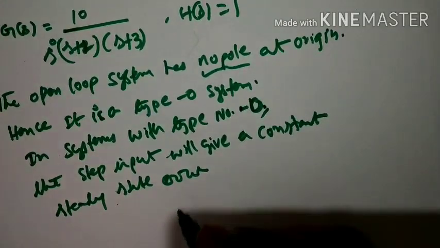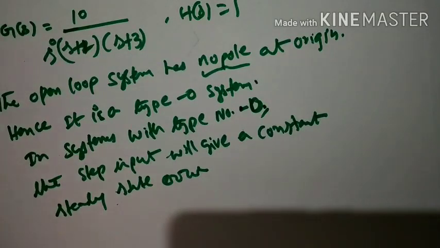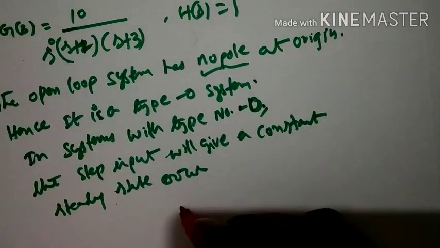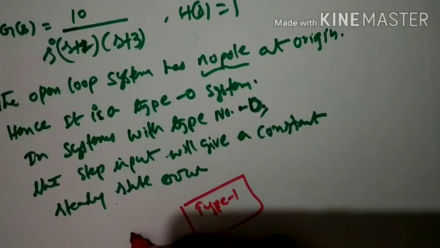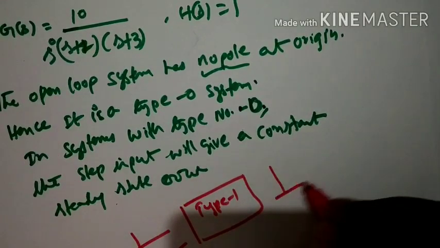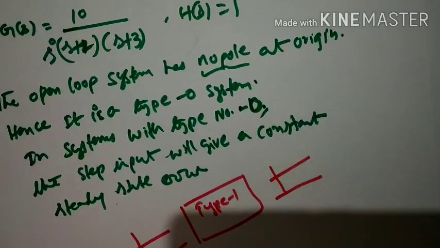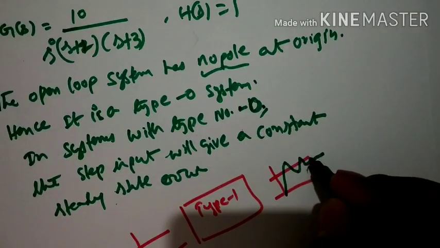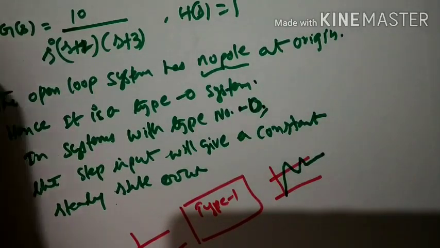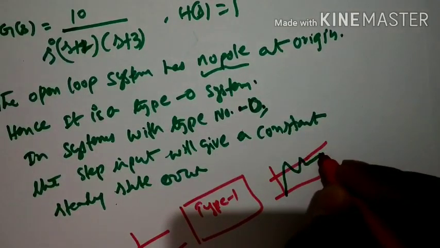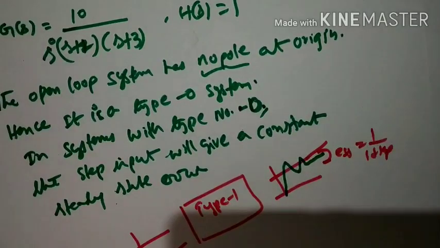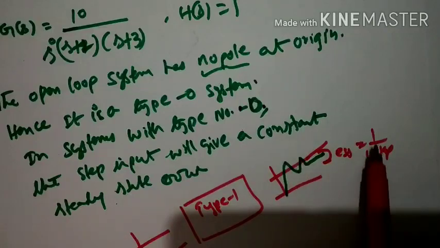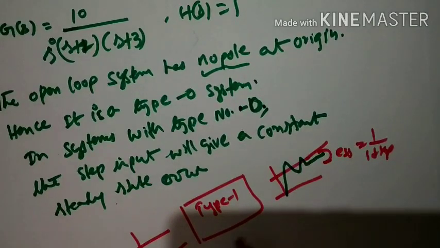If you take a type 1 system subjected to a step signal, your response would be like this. You see that there is a steady state error gap. This gap is called the steady state error, equal to 1 by 1 plus Kp. Your constant steady state error is 1 by 1 plus Kp. That's the meaning of that.